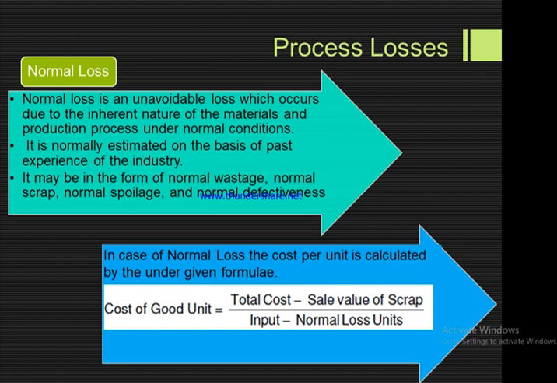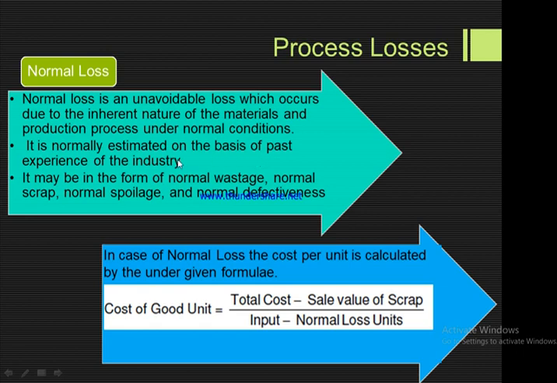So let's take a papad manufacturing industry: a wastage, a kind of normal loss, may be in terms of evaporation, or certain amount of raw material may get wasted. By default it is normally estimated on the basis of past experience of the industries. It may be in the form of normal wastage, normal scrap, normal spoilage or normal defectiveness.